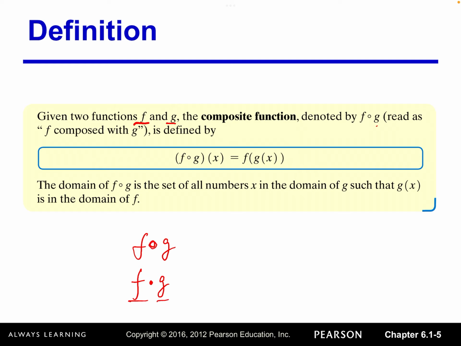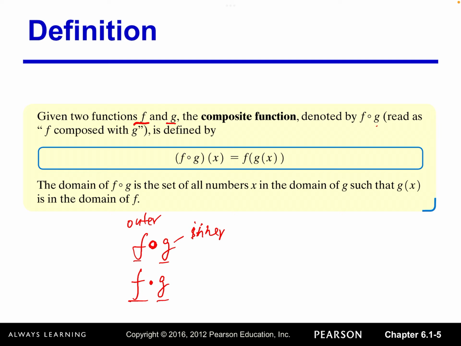But the open circle represents the two functions composed. The left-hand side of the open circle is called the outer function, and the right-hand side of the open circle is called the inner function.